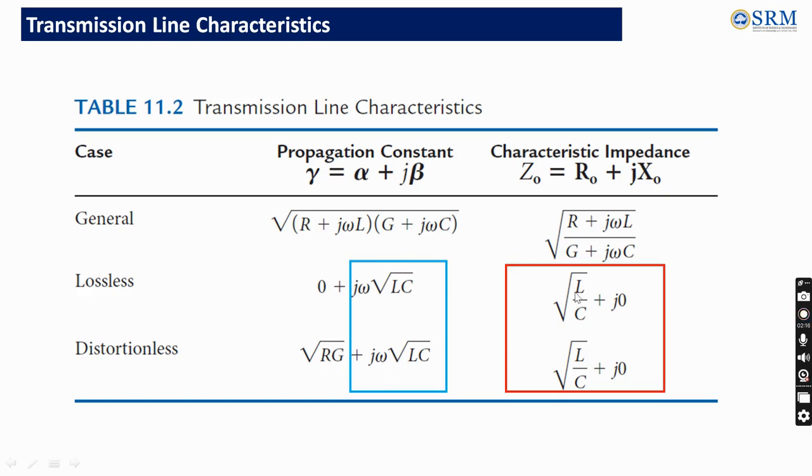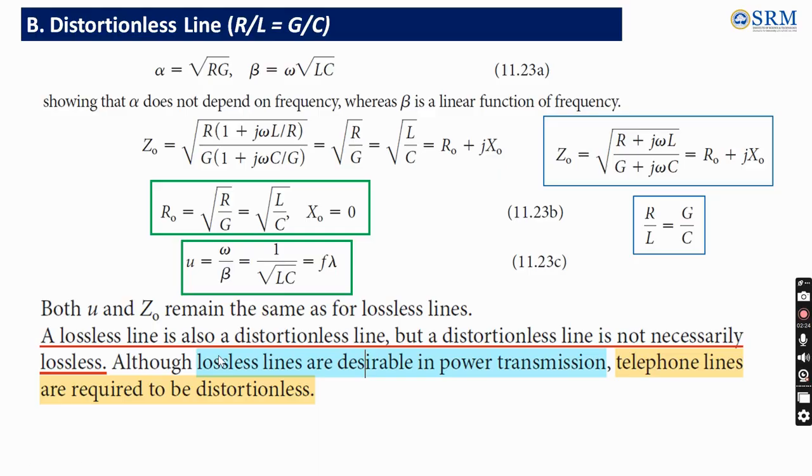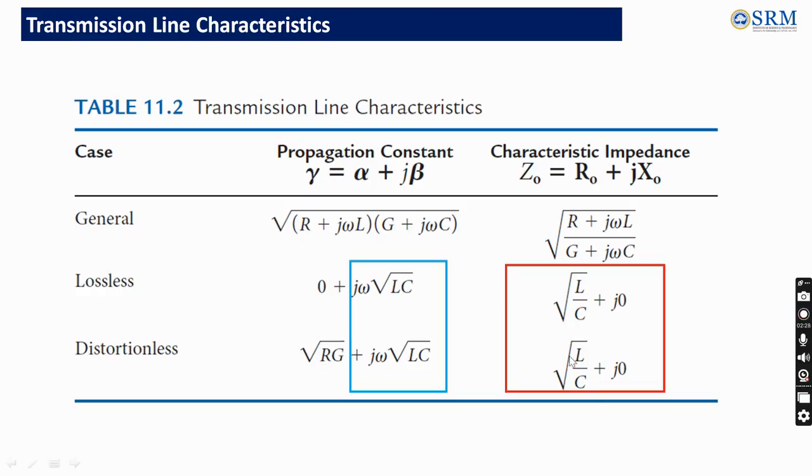For the characteristic impedance, both lossless and distortionless are equal to root of L by C. For a distortionless line, I can equate it to root of R by G also, but I can't do that for lossless because the R and G values are 0 in the lossless condition.